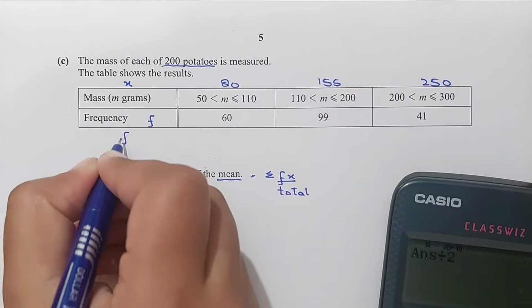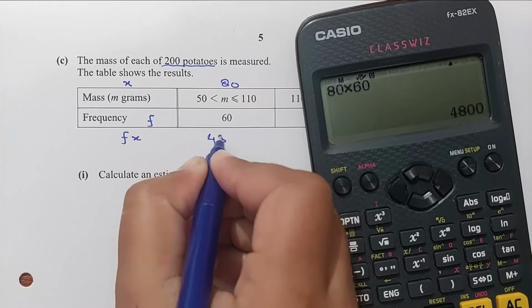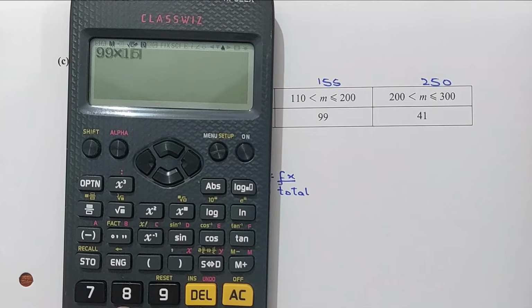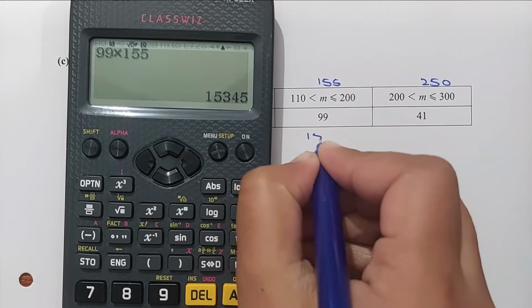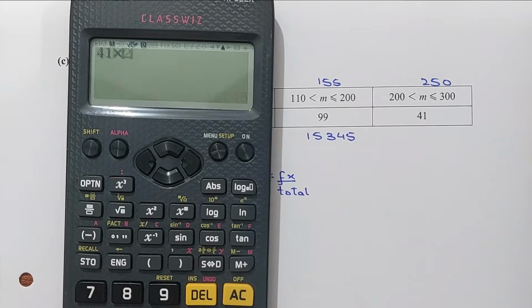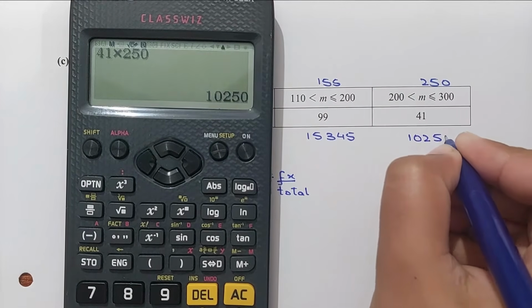Now let me calculate the product of fx, which is 80 times 60, 4,800, right? 99 times 155, 15,345, 41 times 250, which is 10,250.